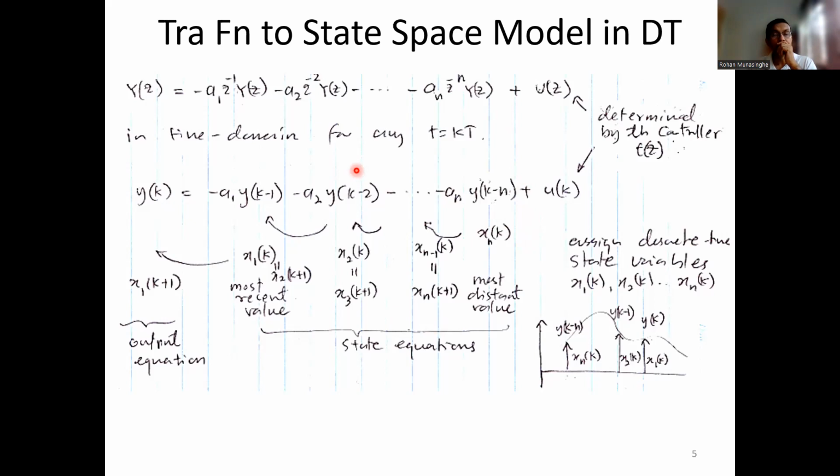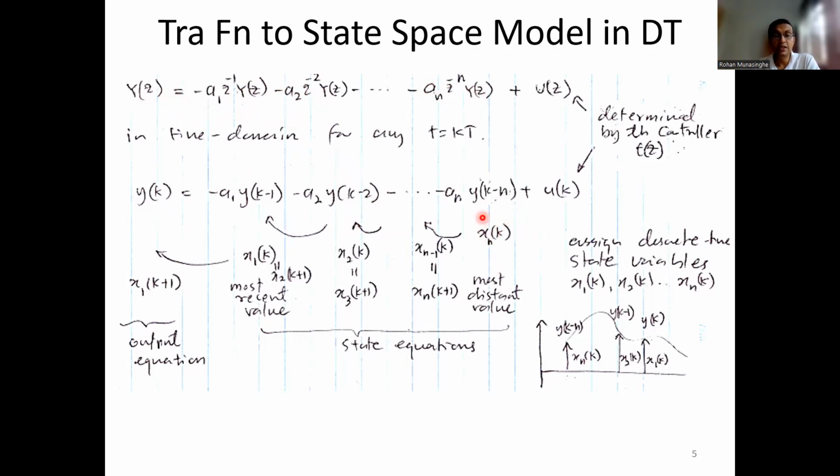So here it's very similar to what we have already covered. You have Y(z), right, in Z world, and all the other terms, previous samples at 2 steps back, and all that, right, in time domain. It looks like that, and you keep assigning state variables.